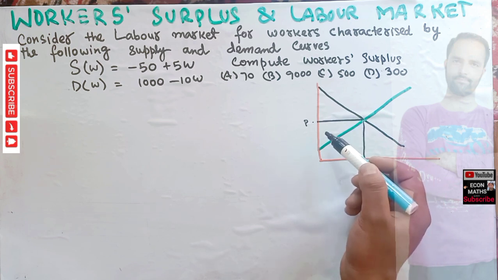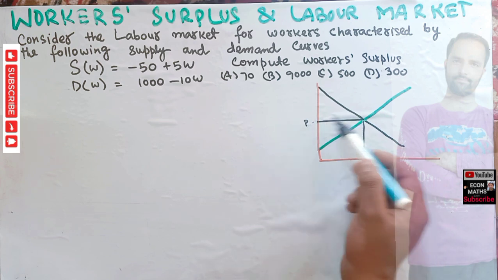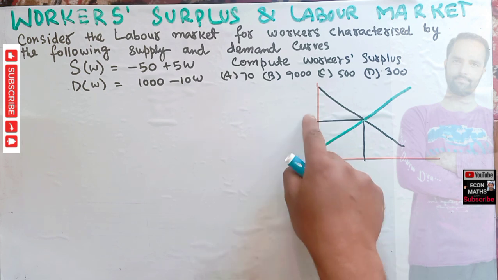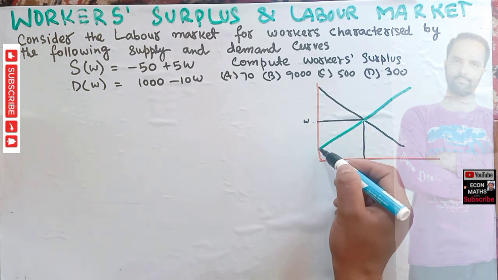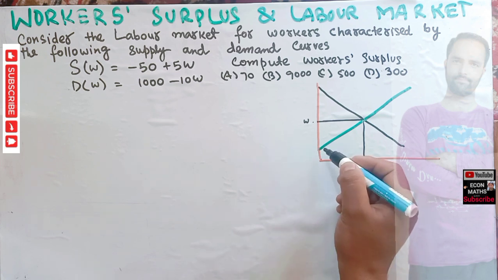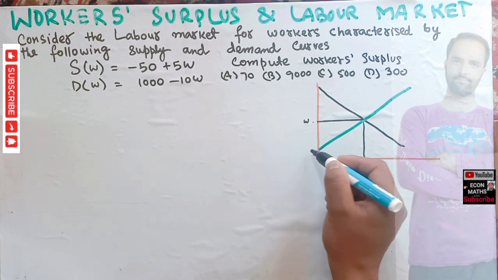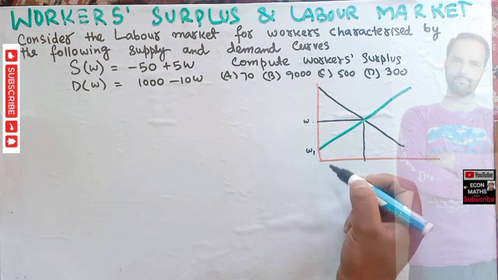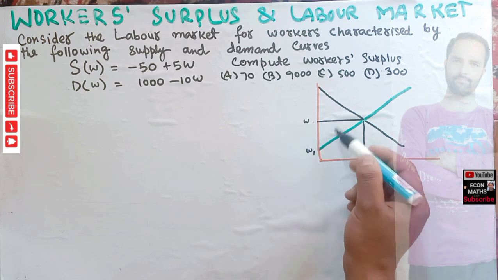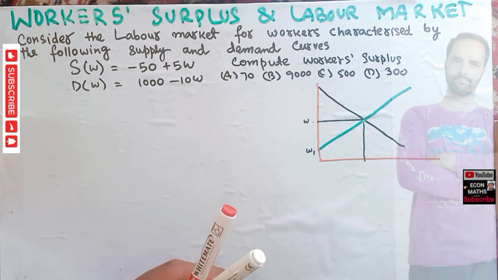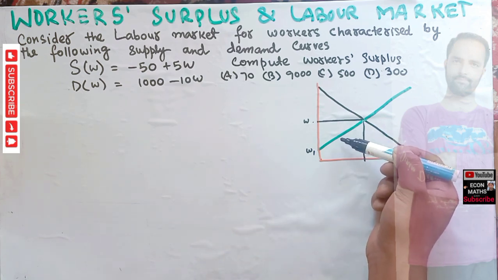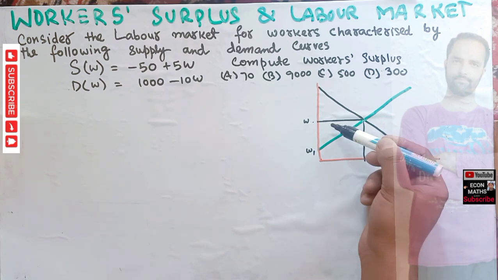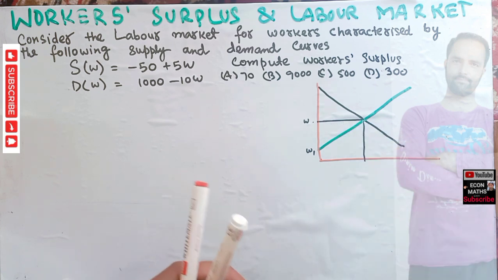So if the market is offering a wage rate W, and a worker is willing to sell his labor at a wage rate, let us say W1, the difference between these two gives us the worker surplus. It is simply this area which lies below the equilibrium wage rate and above the labor supply curve. This area denotes our worker surplus.